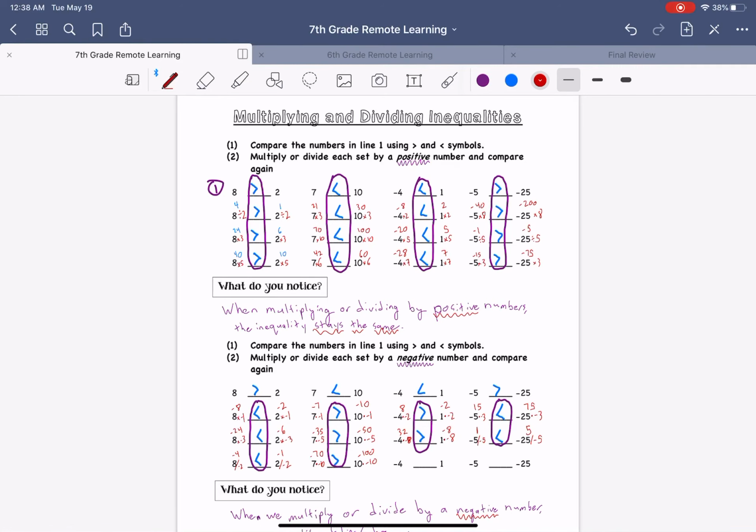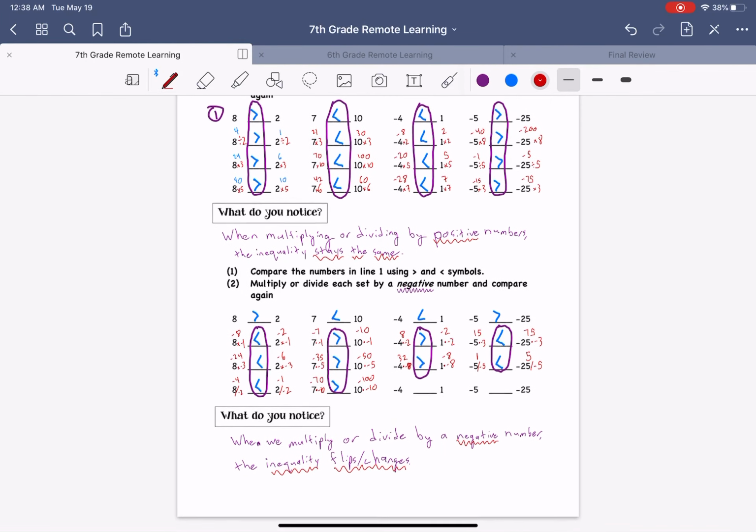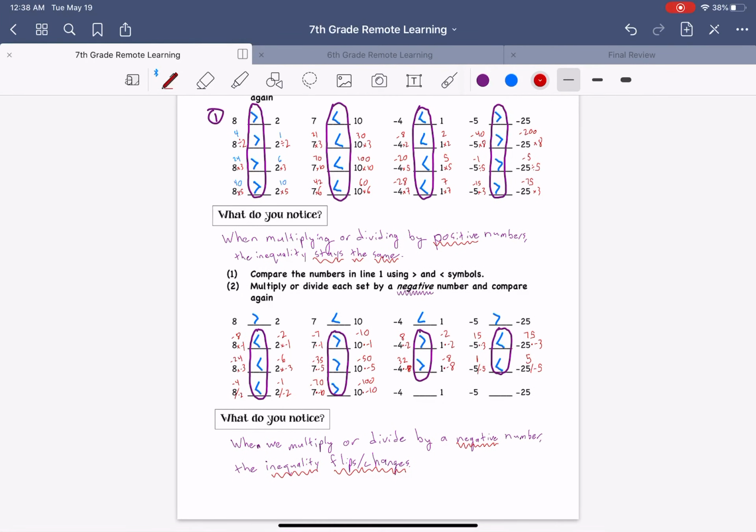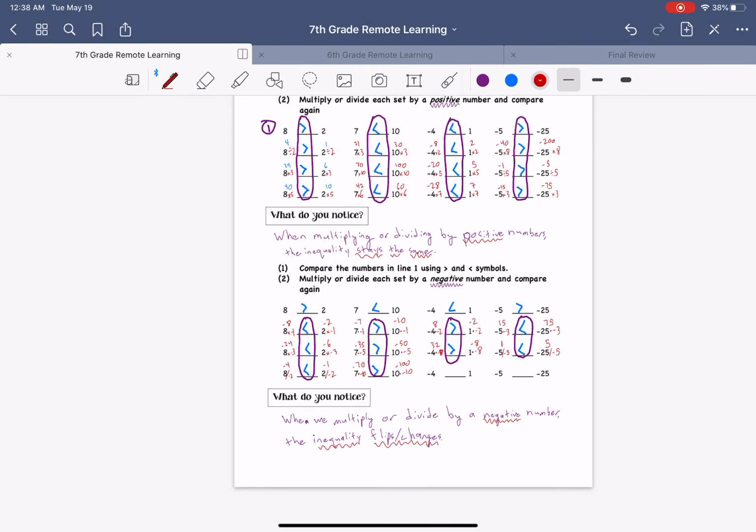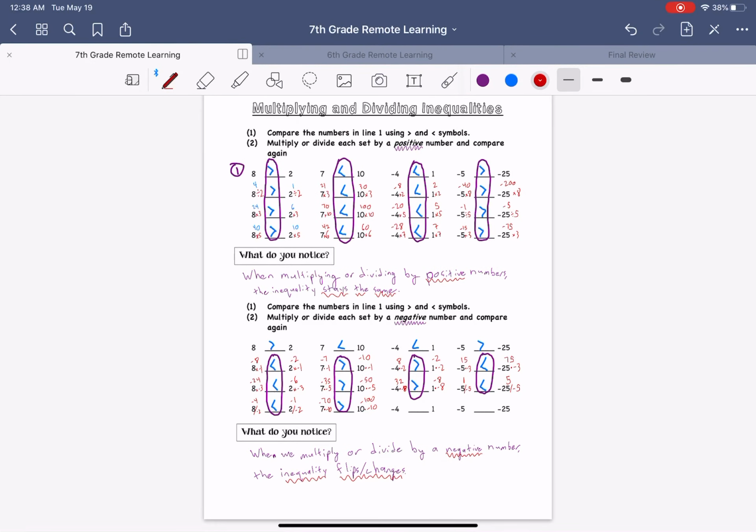So nothing changed. In the second half, we multiplied and divided by negative numbers, and then it flipped every single time, no matter what combination we were using or whether we're using multiplication or division. Okay, so this is an important piece to keep in mind because we're going to apply this later on to doing some of our solving inequalities when we have negatives.